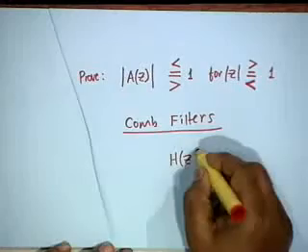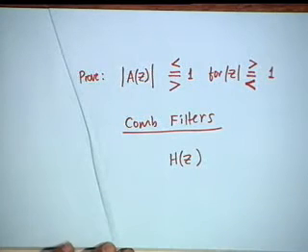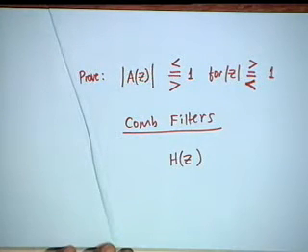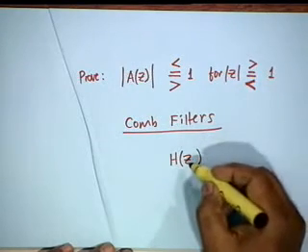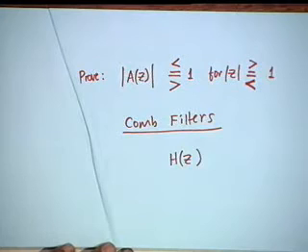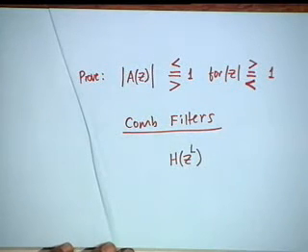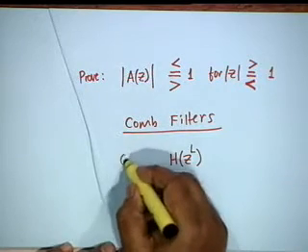Okay, I shall take a very simple case, but the definition is that if you have an H of Z which has one pass band or one stop band or one pass band and one stop band, all right, then if we replace each delay by capital L number of delays, that is, in H of Z, if we replace Z by Z to the L, then we get what is known as a comb filter.